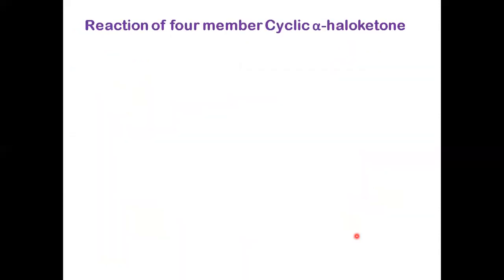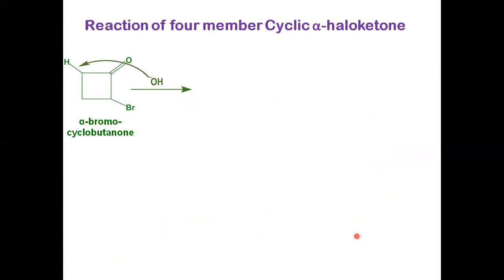But when we discuss the reaction of 4-membered cyclic alpha haloketone, if alpha bromocyclobutanone is subjected to Favorskii rearrangement, then hydroxide ion attacks the alpha position, abstracts a proton and forms a carbanion.